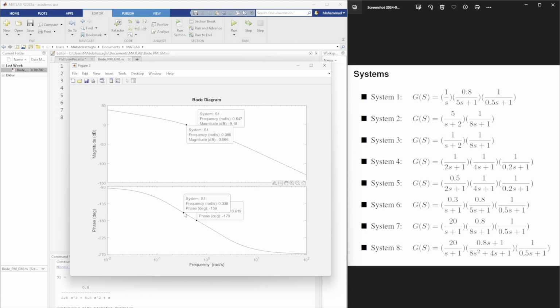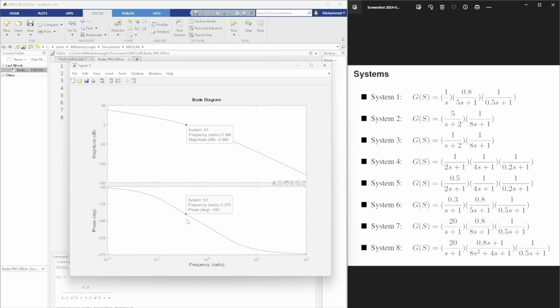So at this frequency of 0.386, I would actually remove the other ones to make it clear. At this frequency, we can see that the phase is minus 163 degrees. We just need to find out how high it is from minus 180. So in this case, it's around 17 degrees, roughly.